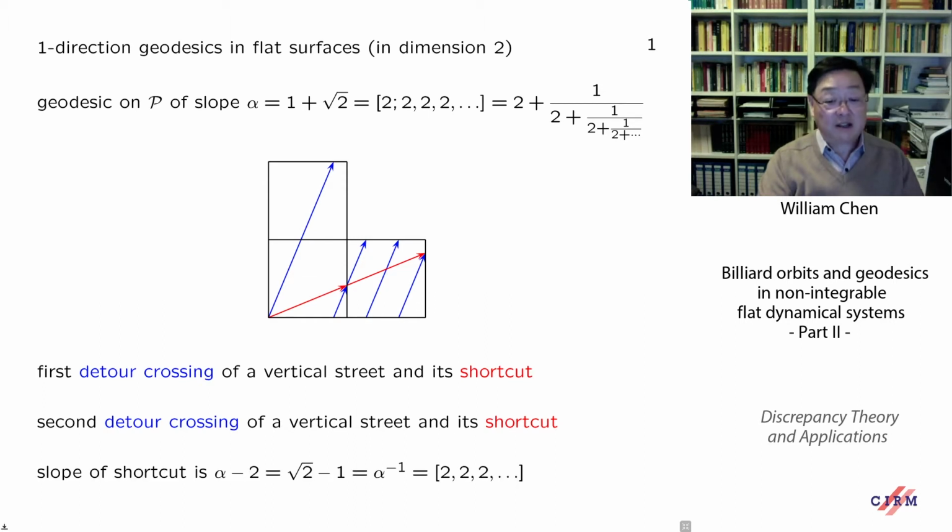And we see that the slope of the shortcut is alpha minus 2, which is square root 2 minus 1, which so happens also to be 1 over alpha. Right. And its continued fraction digits are 2, except that it doesn't have an integer part.